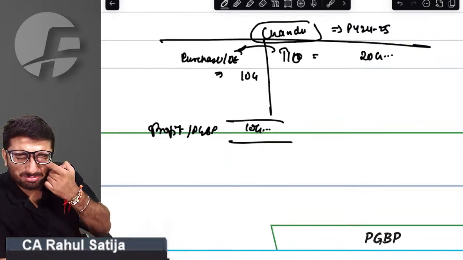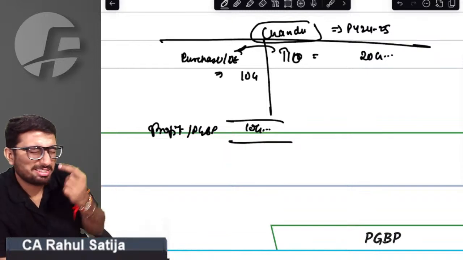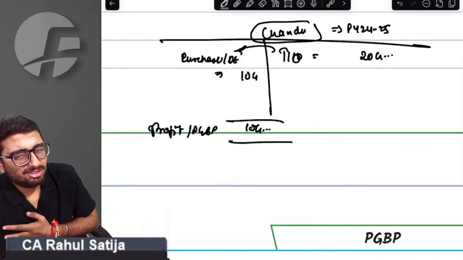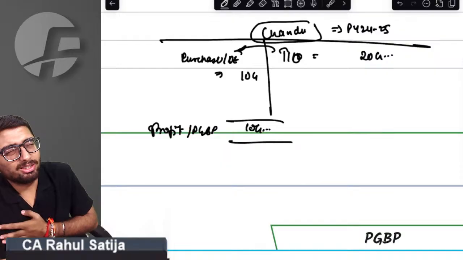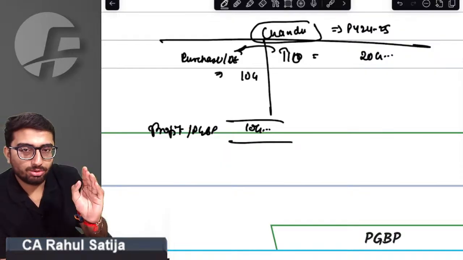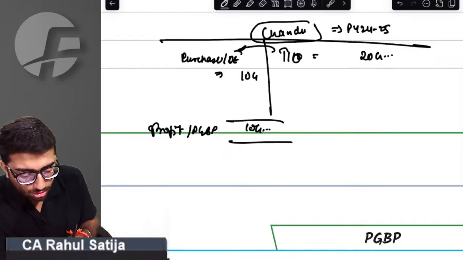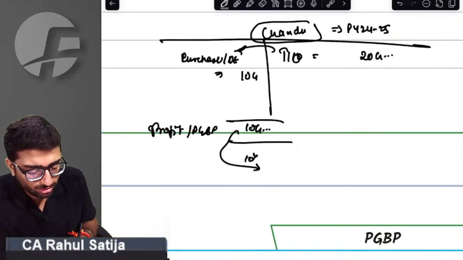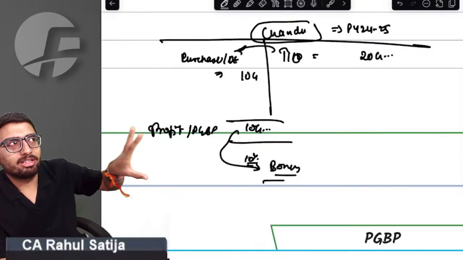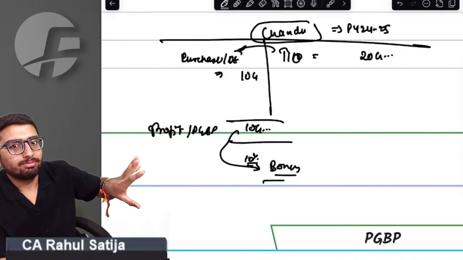Chandu was crying. Chandu had tears in his eyes. He said, thank God that we are able to earn this much. But sir, along with thanking God, he thought of declaring 10% of this profit as bonus to employees. He thanked his employees for working in the organization.